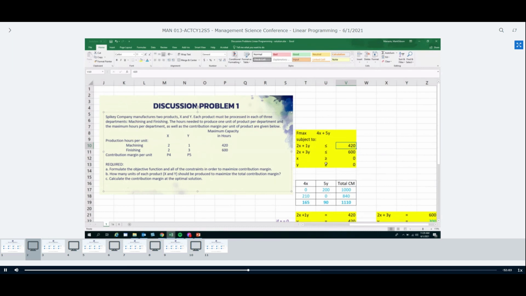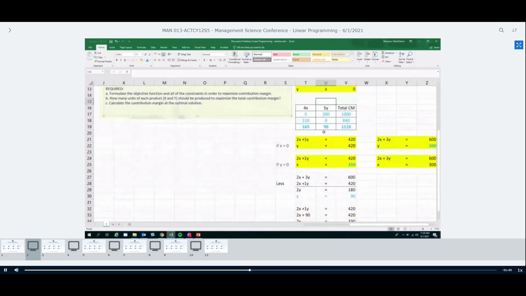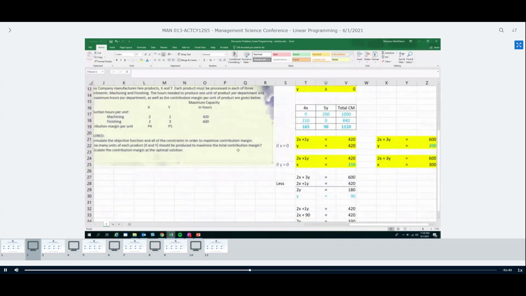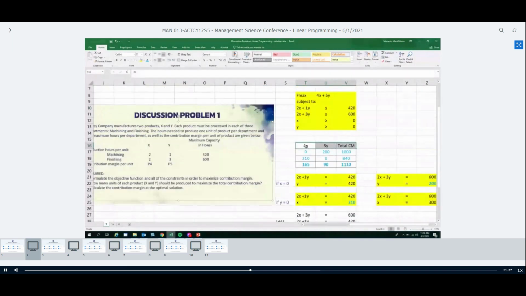So ganun din sa finishing, express lang din natin siya in equation. So then, next step is yung non-negativity constraints, no? So, ito naman palagi lang nilalagay dyan, no? Okay? So, next step natin is, gawa ka lang ng table na ganito. This table naman is based on the objective function, you know?